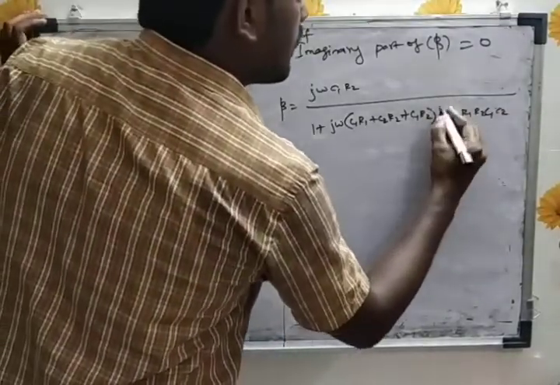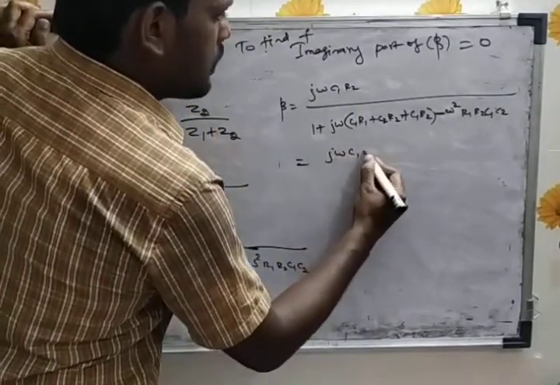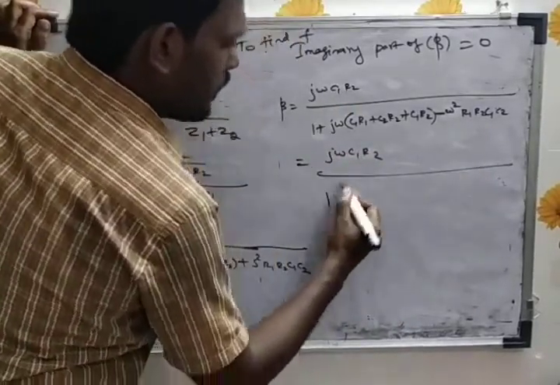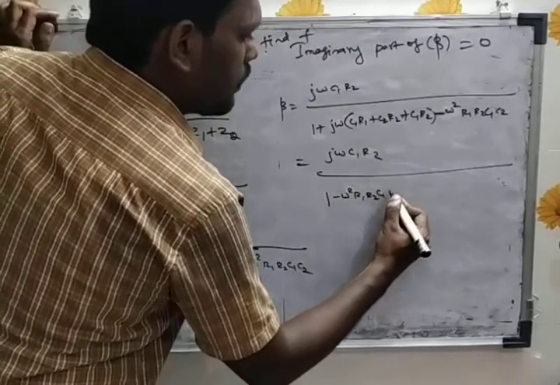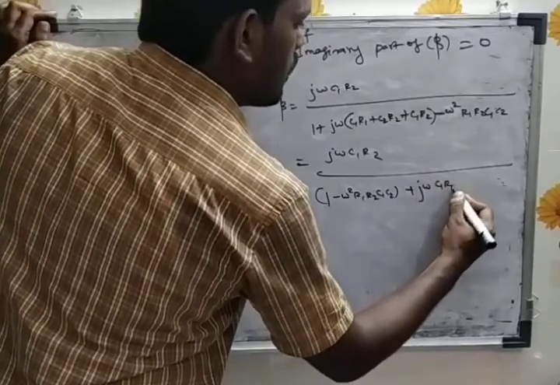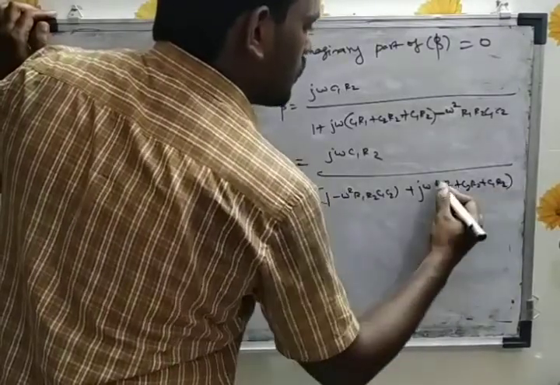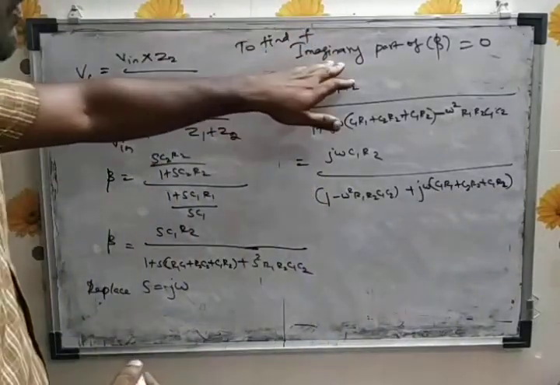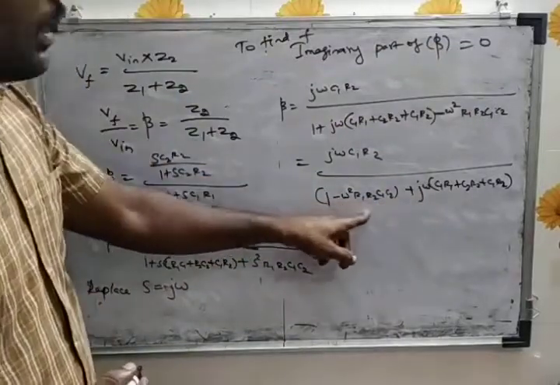So then S square becomes minus omega square. We can write J omega C1 R2 over the real term, 1 minus omega square R1 R2 C1 C2, plus J omega (C1 R1 plus C2 R2 plus C1 R2). To equate the imaginary part of beta to 0, you have to take the complex conjugate of the denominator part.